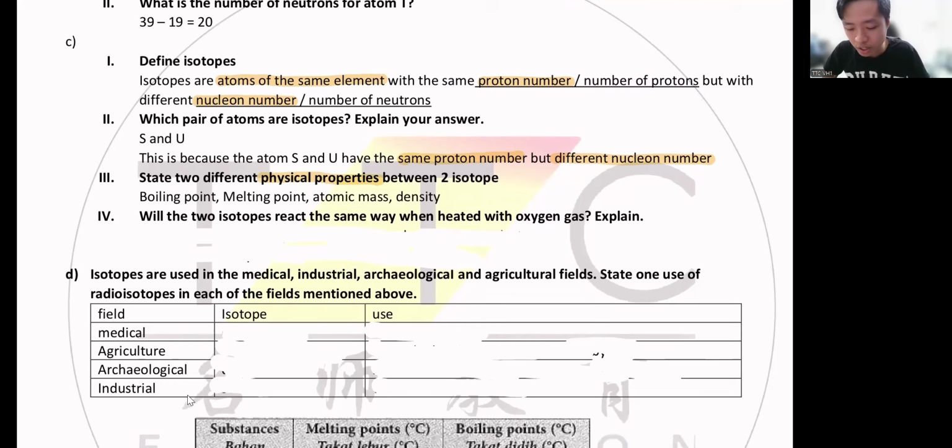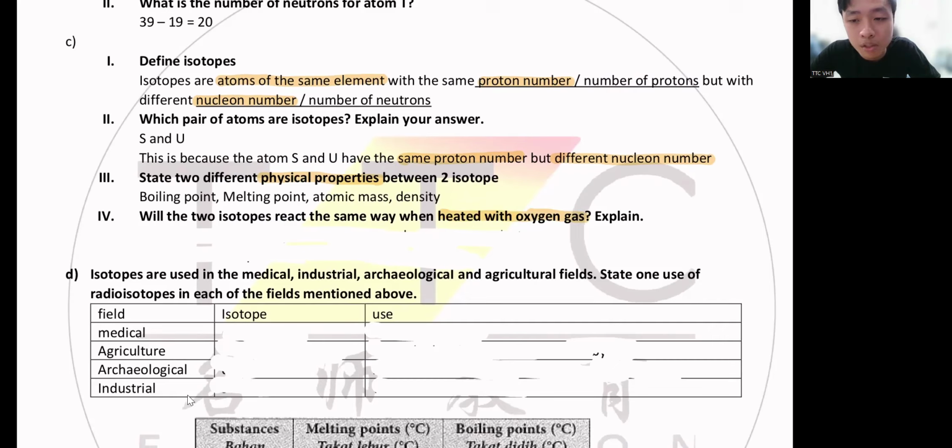Will the two isotopes react the same way when heated with oxygen? Yes, explain. Now, just now the third one was talking about physical properties. But they say heated with oxygen gas. Now this one is not talking about physical properties, it's talking about chemical properties.